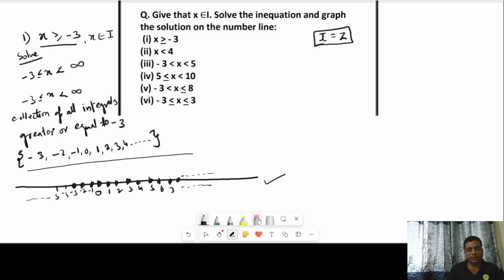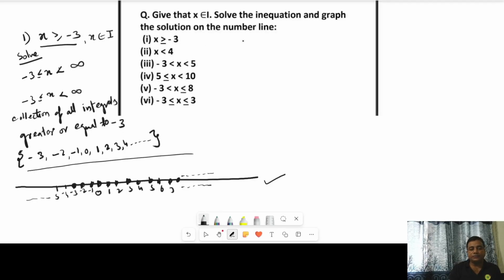Now I am coming to the second inequality. Second inequality is x less than 4, and you know x belongs to integers. So x less than 4 means the maximum value of x is up to 4, not equal to 4, because x is strictly less than 4.